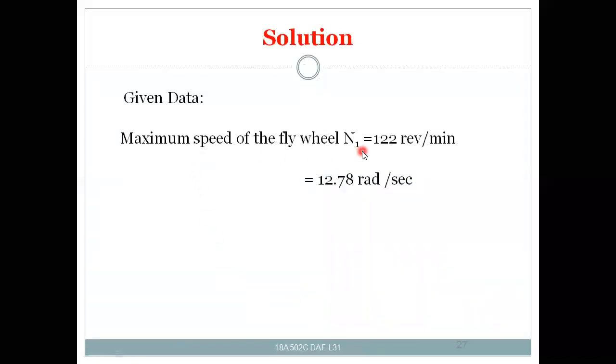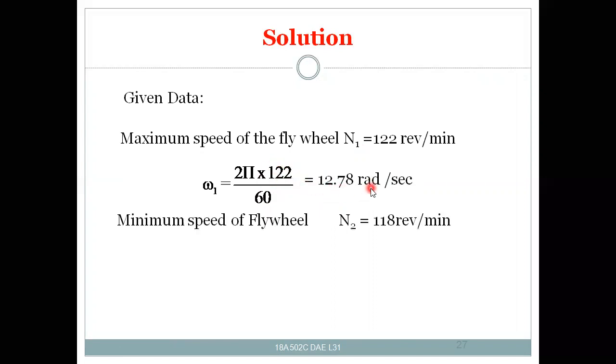Maximum speed of the flywheel N1 is equal to 122 revolutions per minute, so omega 1, after substitution of 122 RPM, is 12.78 radians per second. Similarly, minimum speed of the flywheel N2 is equal to 118 revolutions per minute, and you will get omega 2 equal to 12.36 radians per second.